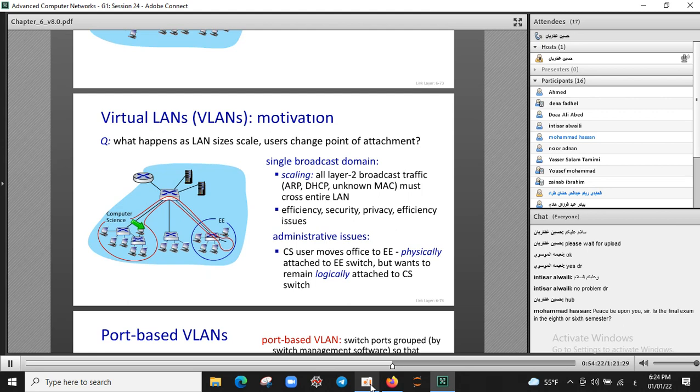So logically, I create a LAN with these computers inside, for example, the computer science department, and this one here, a computer from the EE department. This is a logical LAN. Logically, I connect this computer on the right side to the computers in the computer science department. Logically.